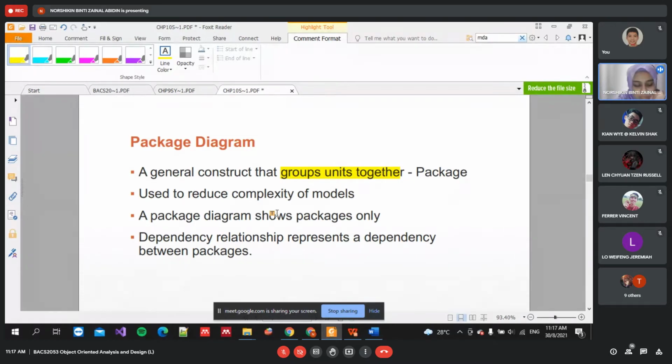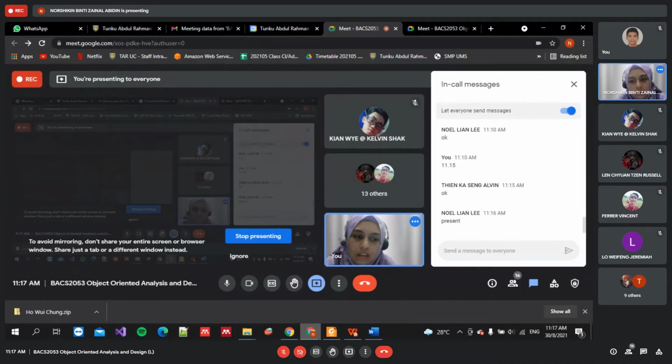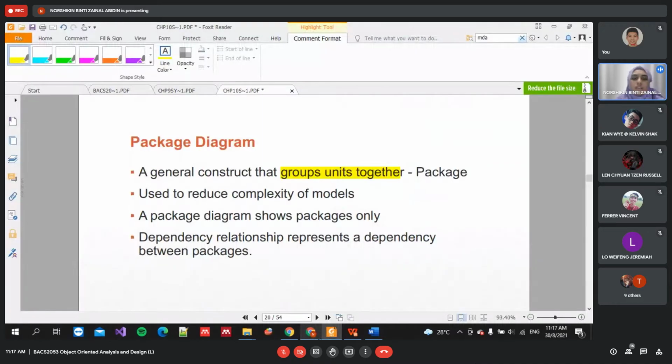Package diagram is a structural diagram used to show the organization and arrangement of various model elements in the form of package. However, I think that is too long to capture the concept. So package diagram is a general construct that groups units together, which we call a package.